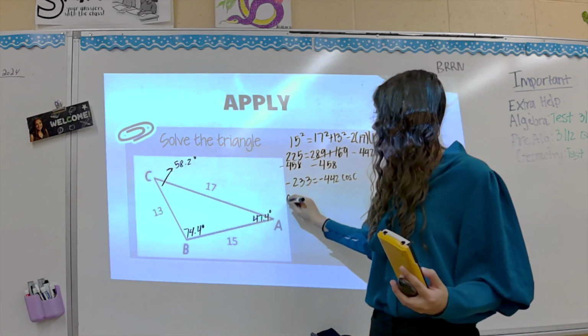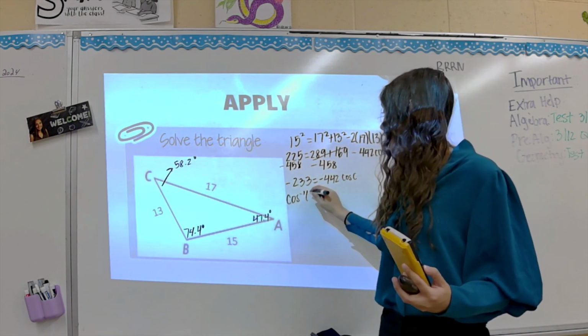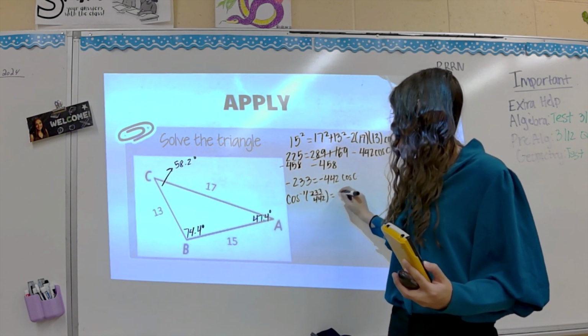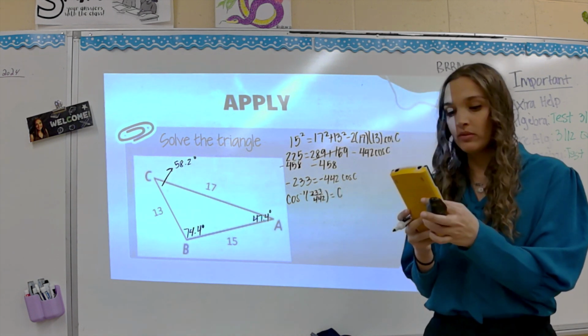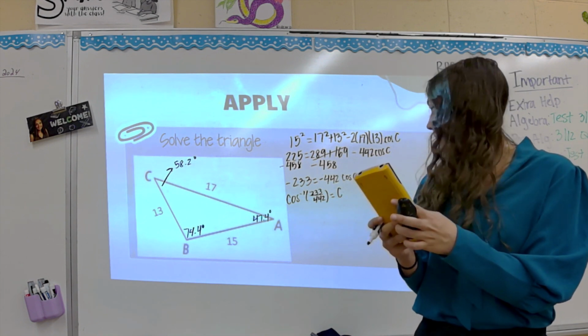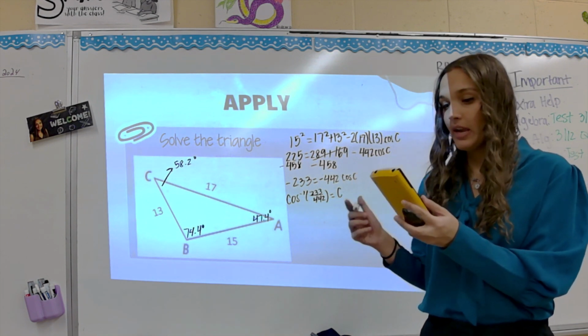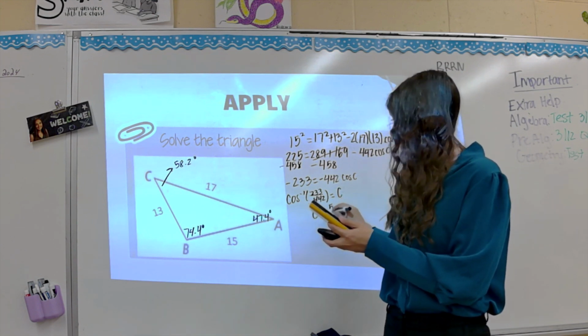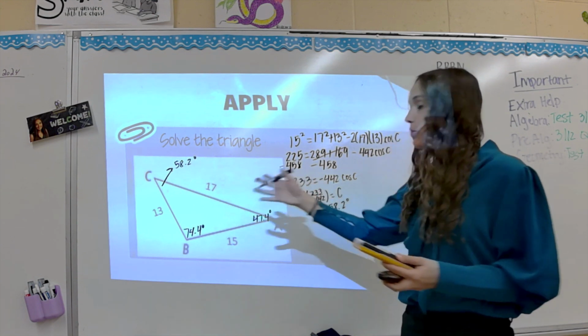So the inverse cosine of 233 divided by 442 equals my angle C. Put it in my calculator, and I get C as approximately 58.2 degrees, which is what I wanted.